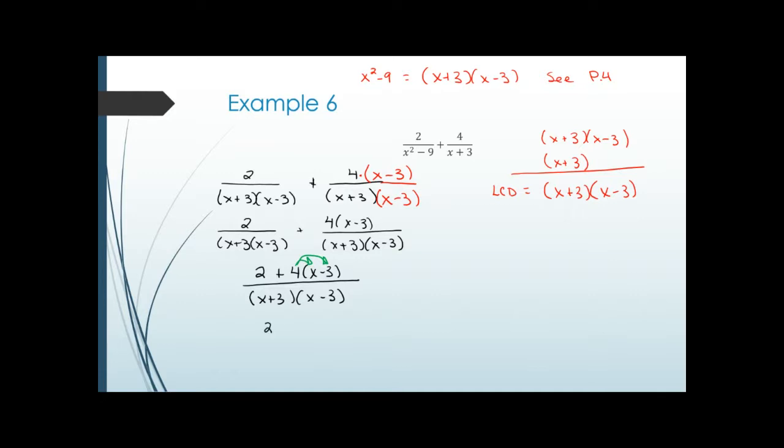So I have 2 plus, then 4 times x is 4x, and 4 times -3 is -12. And then my denominator stays the same. So now I have 2 plus 4x minus 12 over x plus 3, x minus 3.